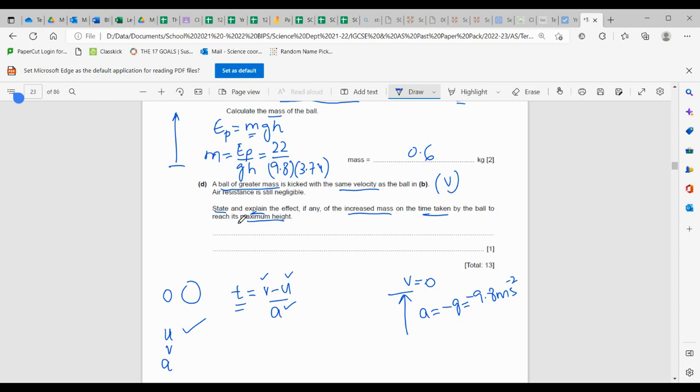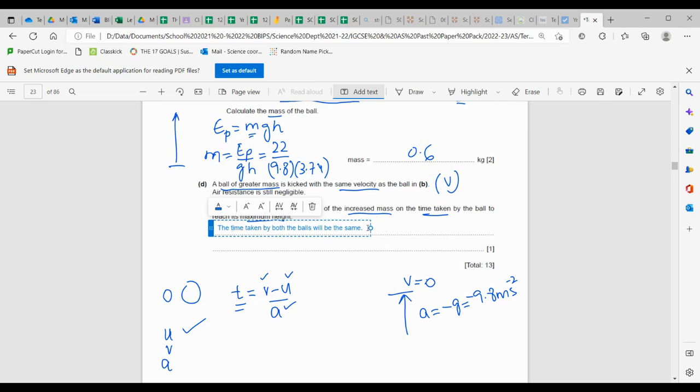So state means that we have to mention whether the time will be different or the same, and explain means we have to give a reason. So our statement will be: the time taken by both the balls will be the same. This is the statement. Explanation.